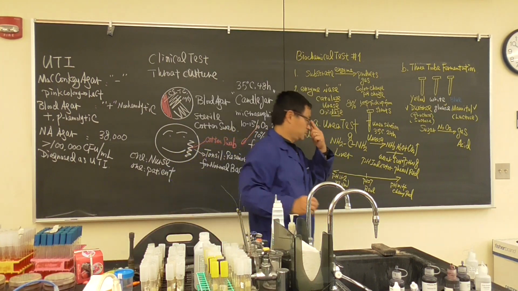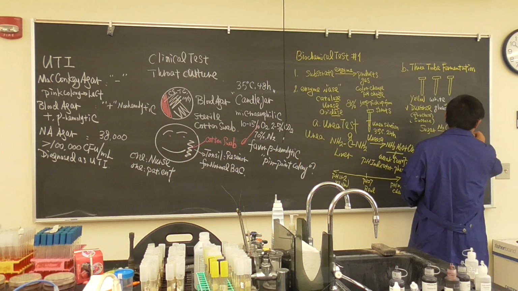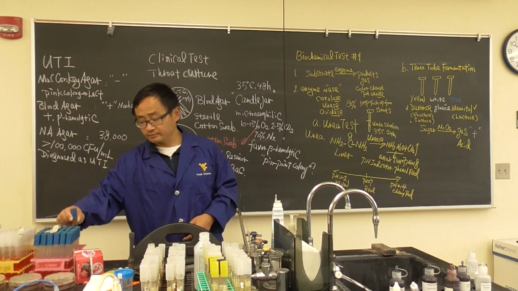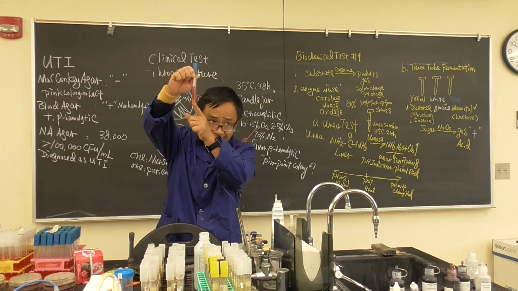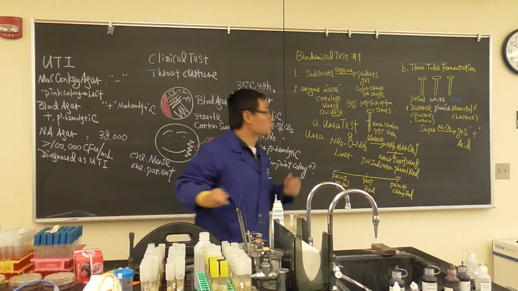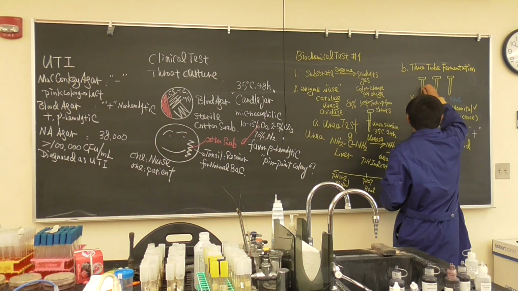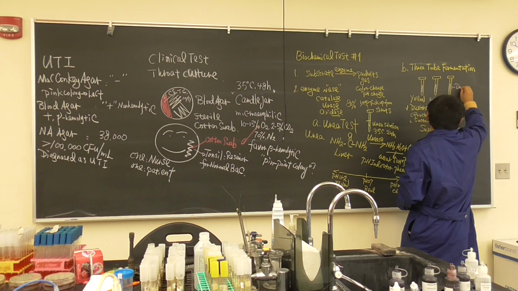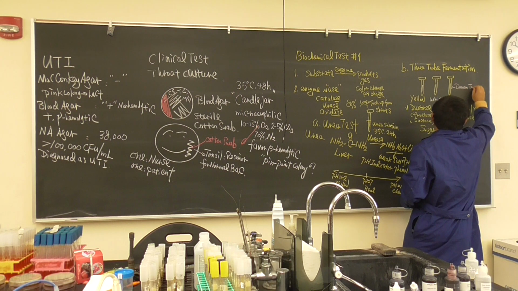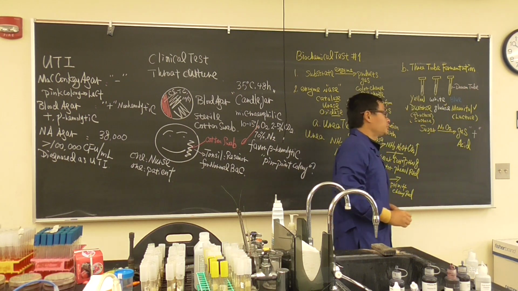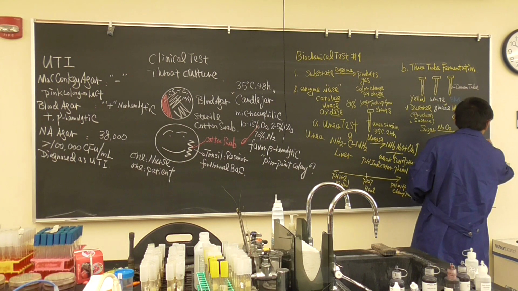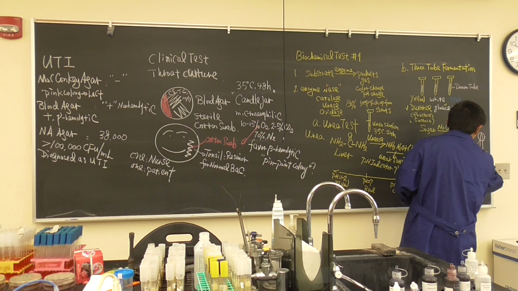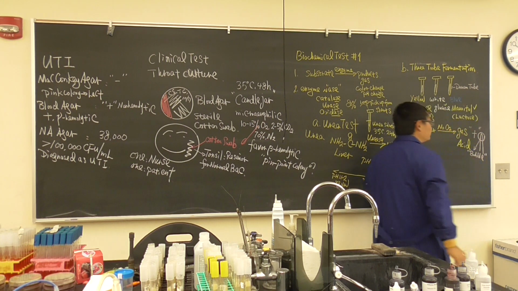Now, how do we know? First of all, how do we know it is gas positive? If you look very carefully, inside the tube there is another small tube. That is called the Durham tube. If the bacteria generate gas, what happens? This Durham tube on the top will have a bubble after incubation.